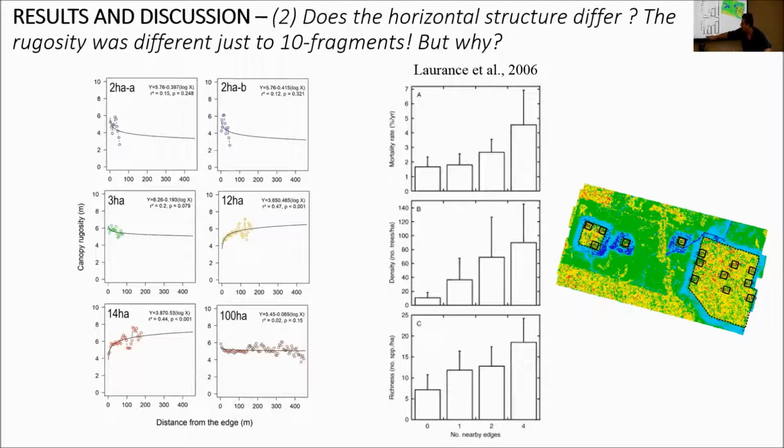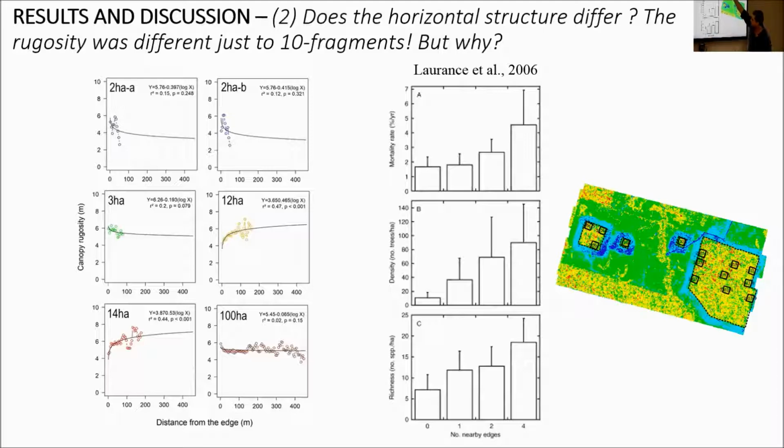When we don't have edges, we're talking about these plots here. One edge is the 100 hectares, because it has just one edge. Two edges are the 10 hectares. Four edges are the 1 hectare. And basically, this X here is the size of the fragment, even though they used the number of edges.